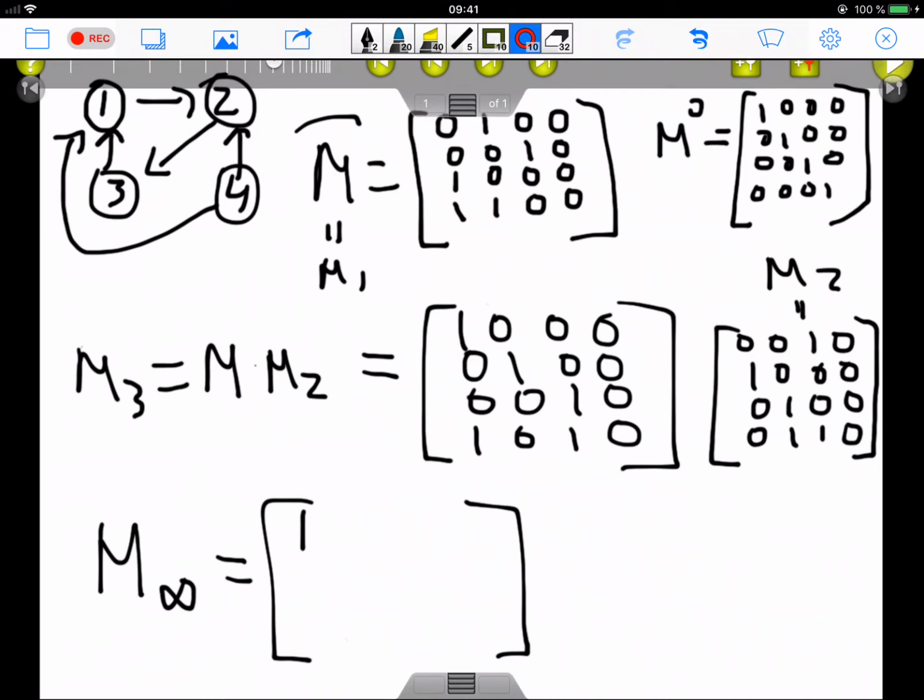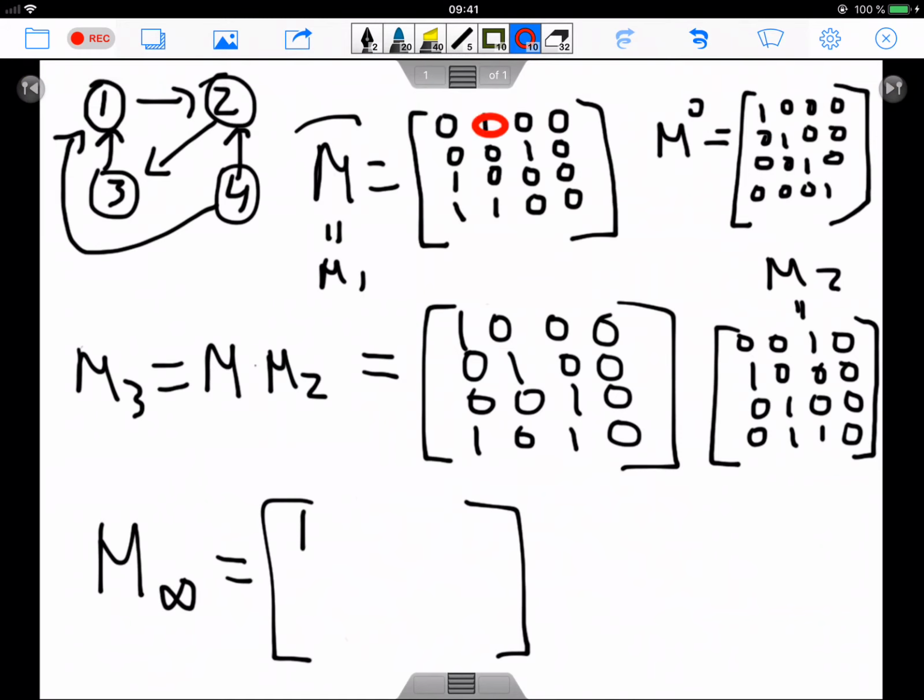Okay, so we get a 1 in position 1, 1. We also have a 1 here in position 1, 2 of this matrix, so we also get a 1 here. We also have a 1 here in this position, so we get a 1 here.